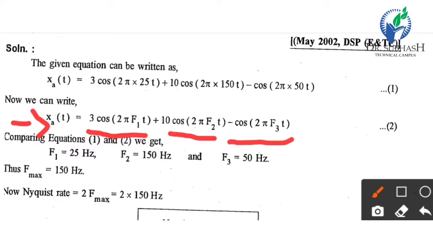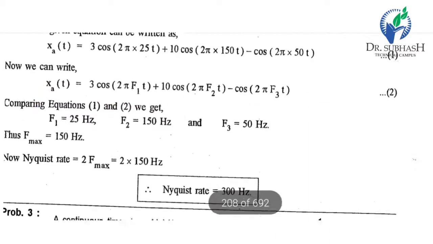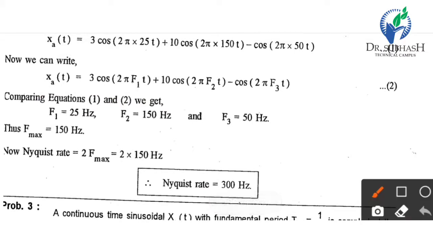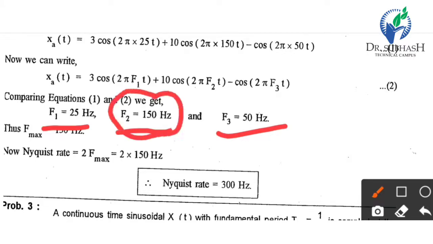Comparing the first and second equations, we get f1, f2 and f3: f1 equal to 25 hertz, f2 equal to 150 hertz and f3 equal to 50 hertz. In that, the maximum frequency is 150 hertz.